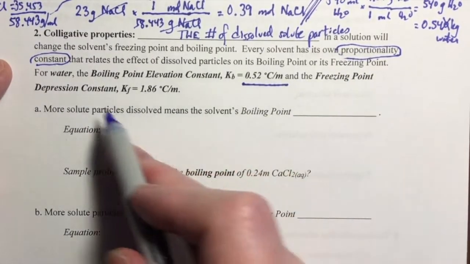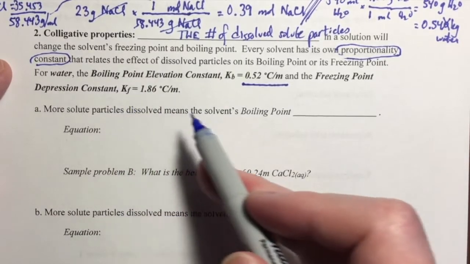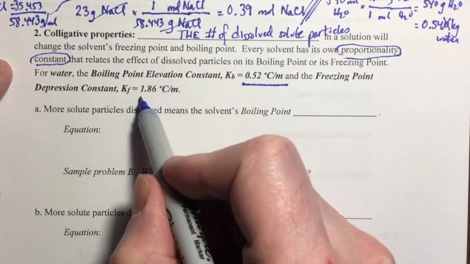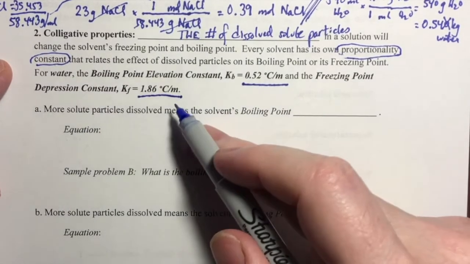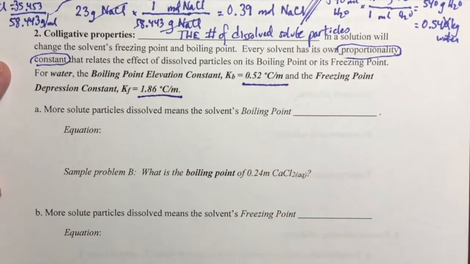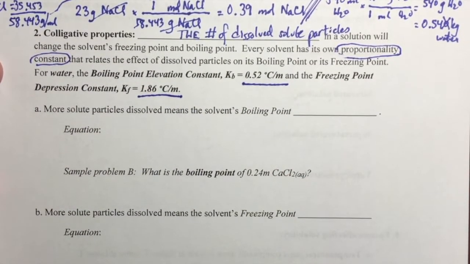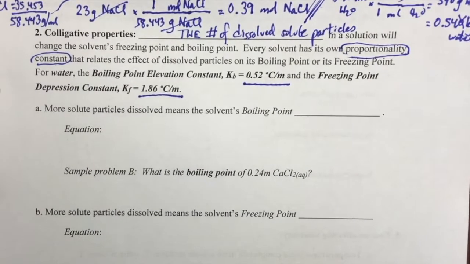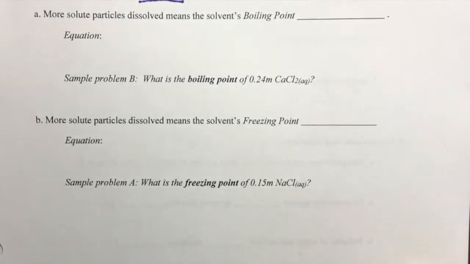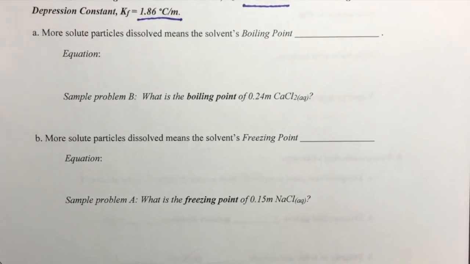And the freezing point depression constant, K sub F, for water only, is 1.8 degrees Celsius per molal unit, okay? So with those two numbers in mind, let's move on and actually deal with some problems when we are changing boiling points and freezing points.